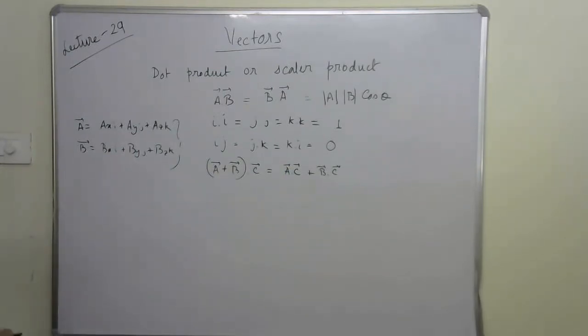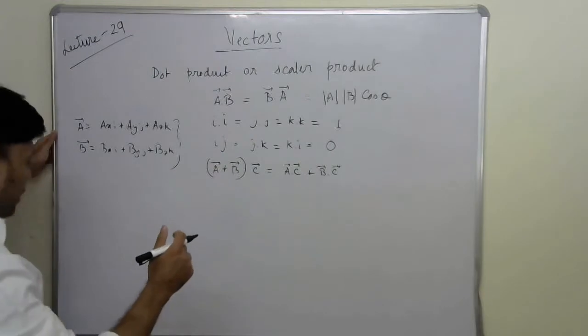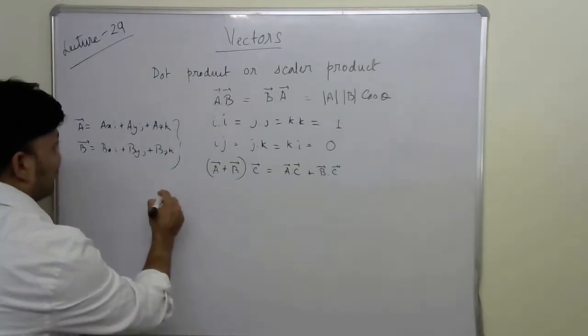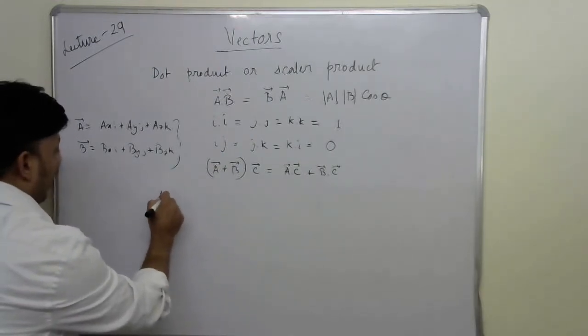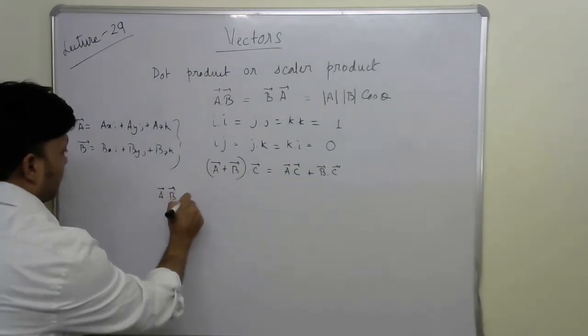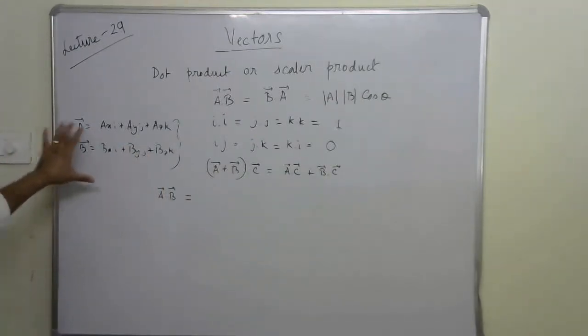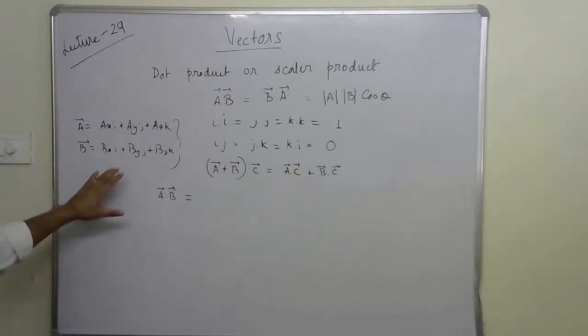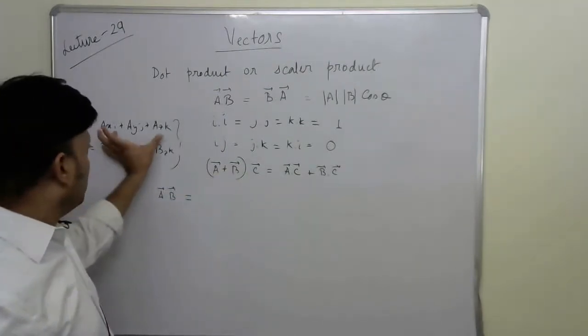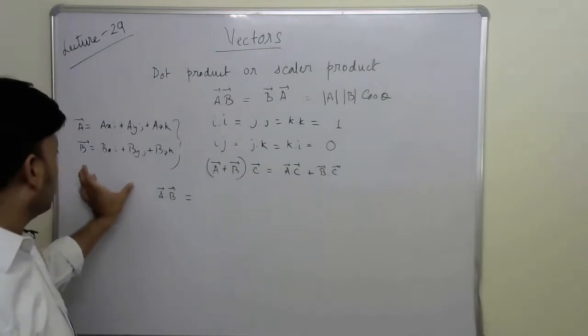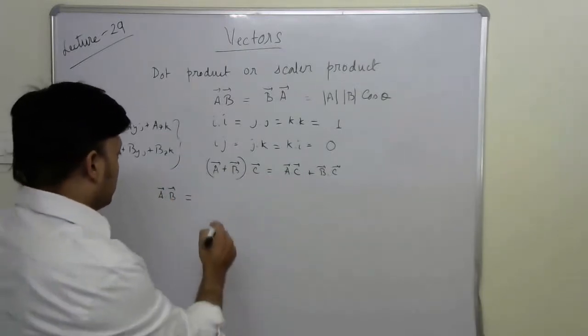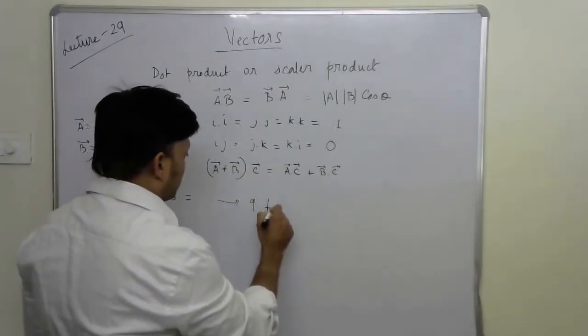Now what I'm going to do is take the product A dot B in this case. If we take A dot B, what do we get? You see there are 3 terms and there are 3 terms. So 3 multiplied by 3, there should be 9 terms.